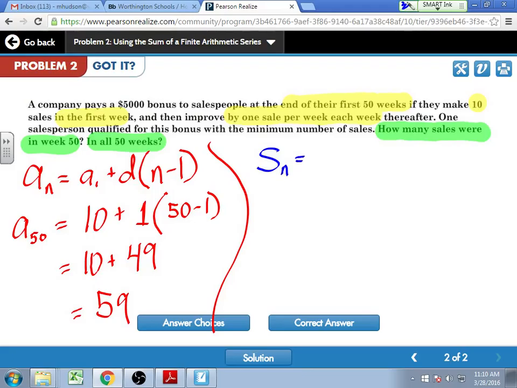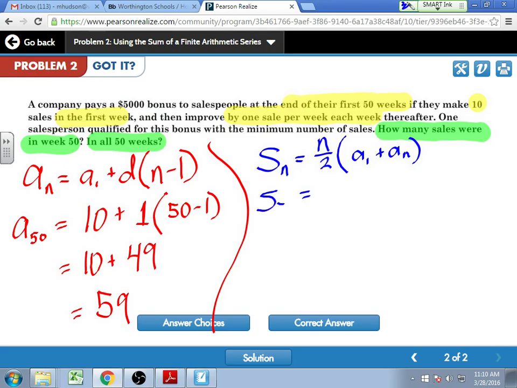Sum of n terms. What's my formula there? We always want to start by writing the formula. There's an n and then a. N divided by 2. Yep, my number of terms divided by 2, parenthesis A1 plus An, my first term and my last term. That's it.